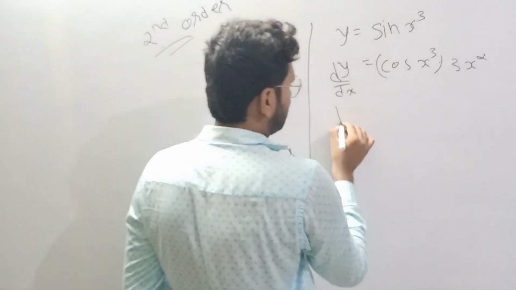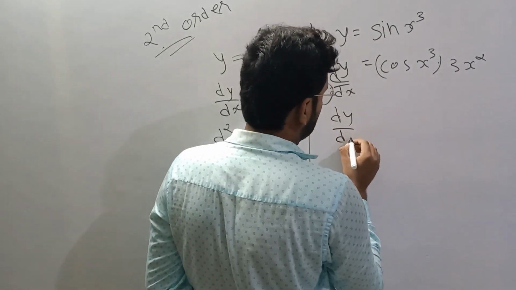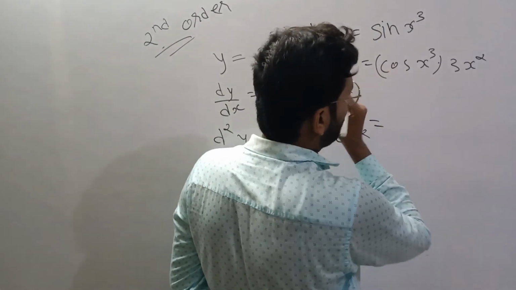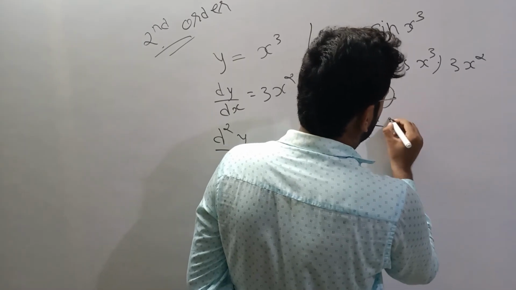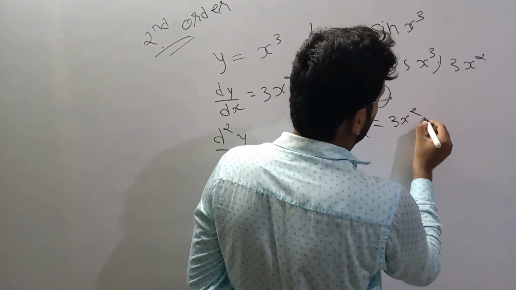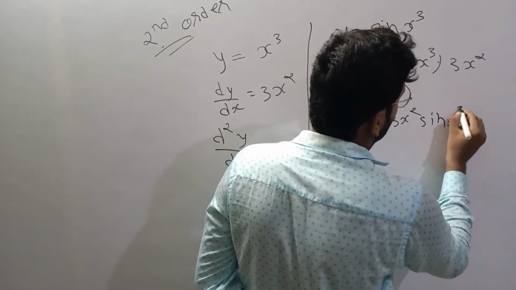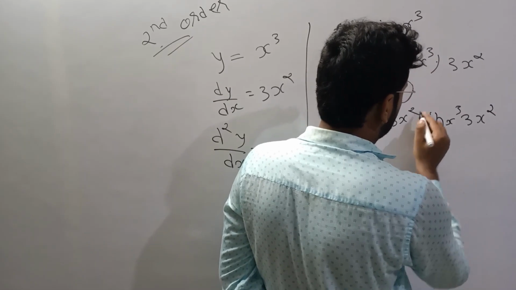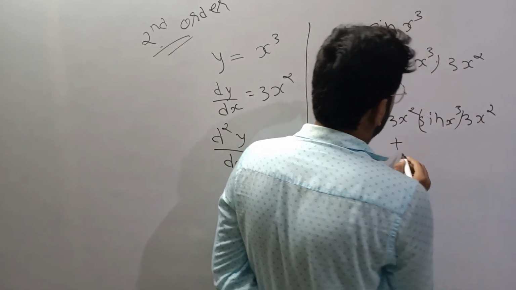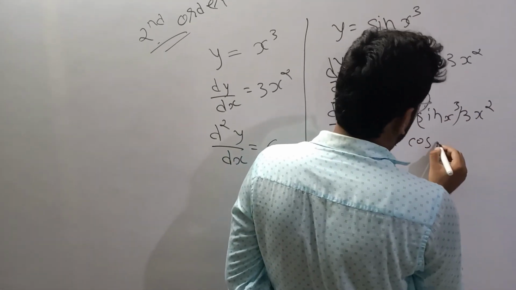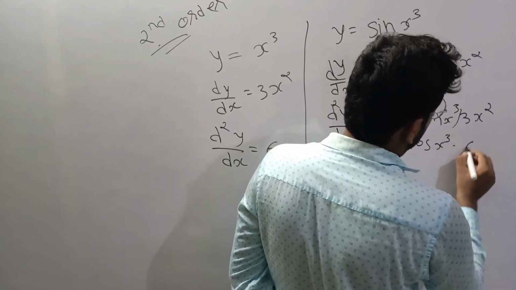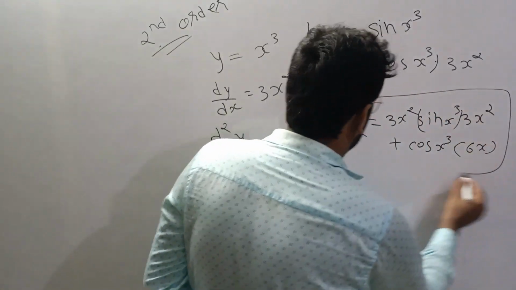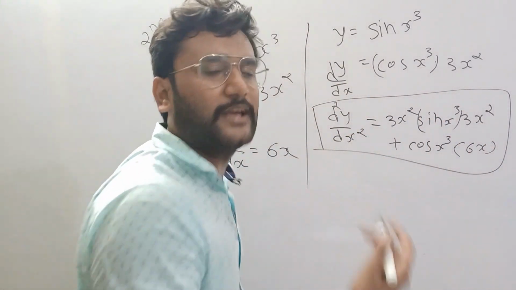Now let me take the second order derivative of this function, which is sin x cube into 3x square into 3x square, with a minus sign, plus cos x cube into 6x. So this is the second order derivative of the function y is equal to sin x cube.